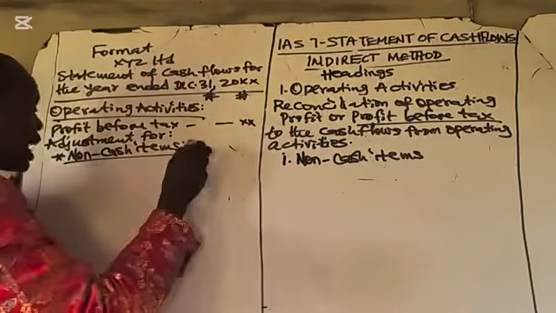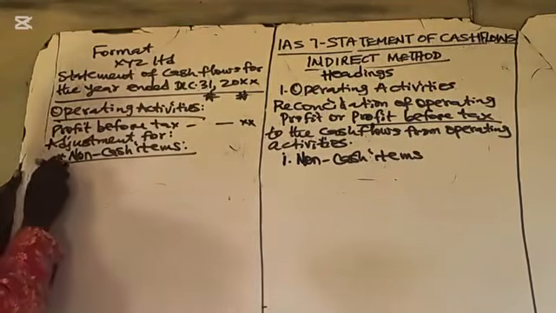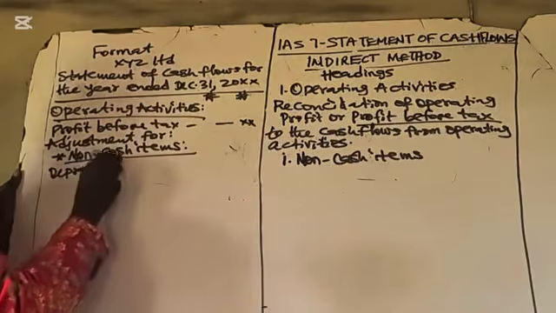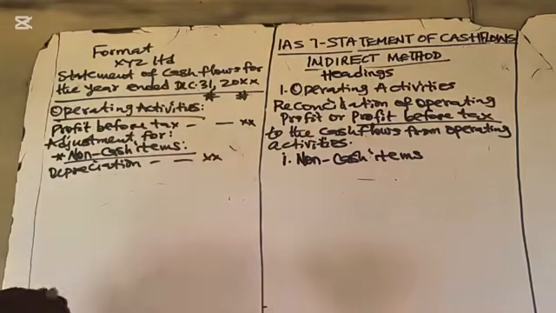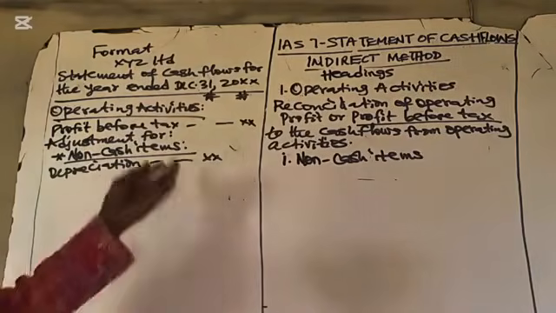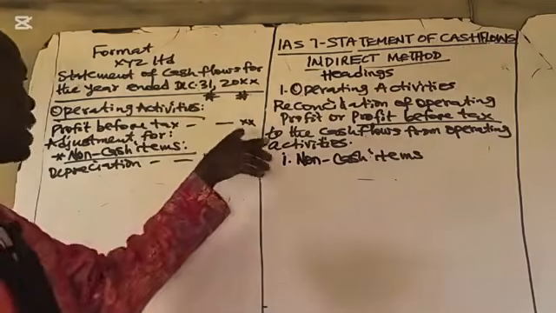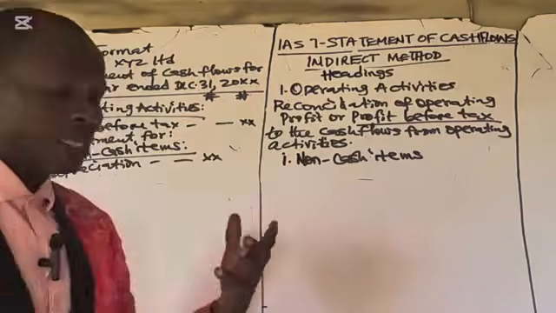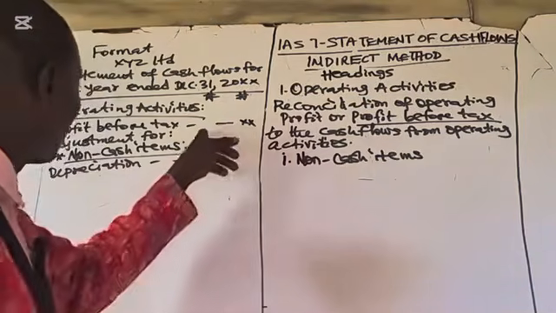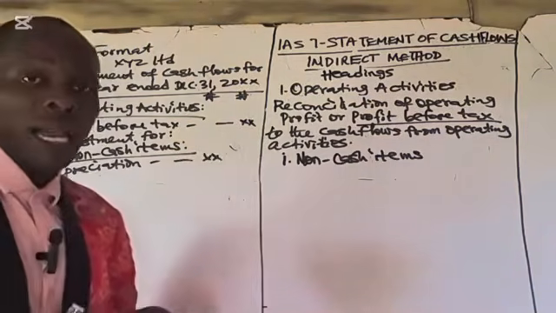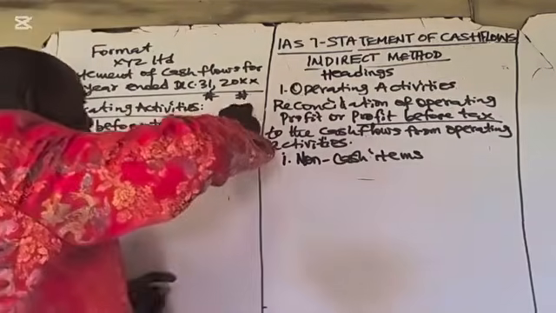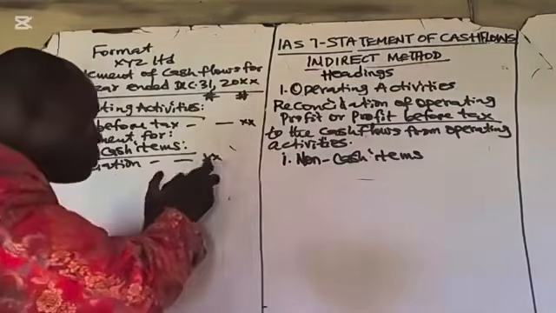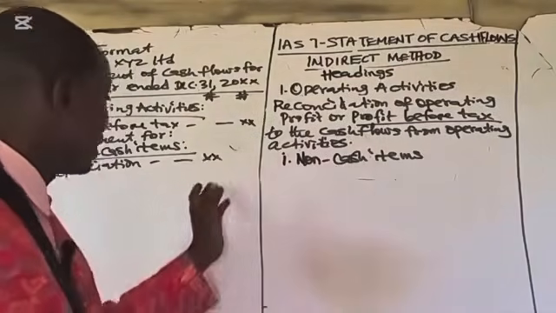Examples of non-cash items include depreciation. If you have any depreciation, you will need to adjust that. Depreciation will be added. Why? Because depreciation has been charged as an expense under the accrual principles, and when an expense increases, the profit reduces. So the profit before tax has been reduced by the depreciation. So you want to convert it to cash.